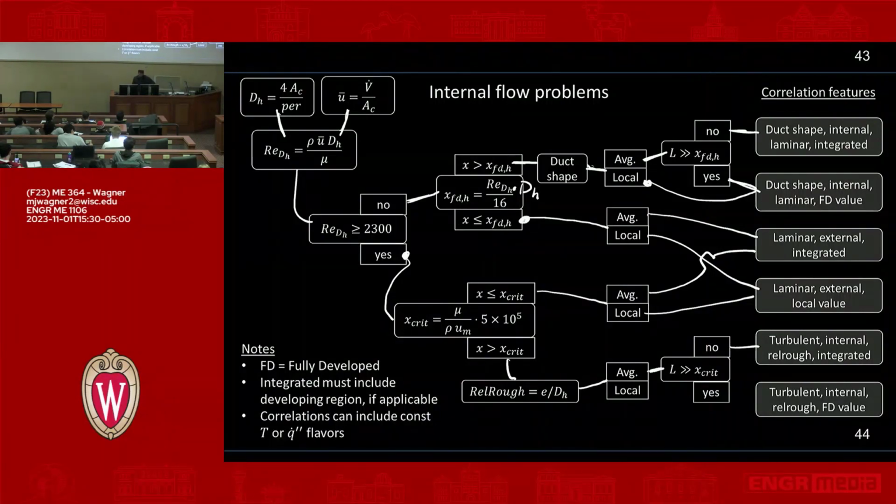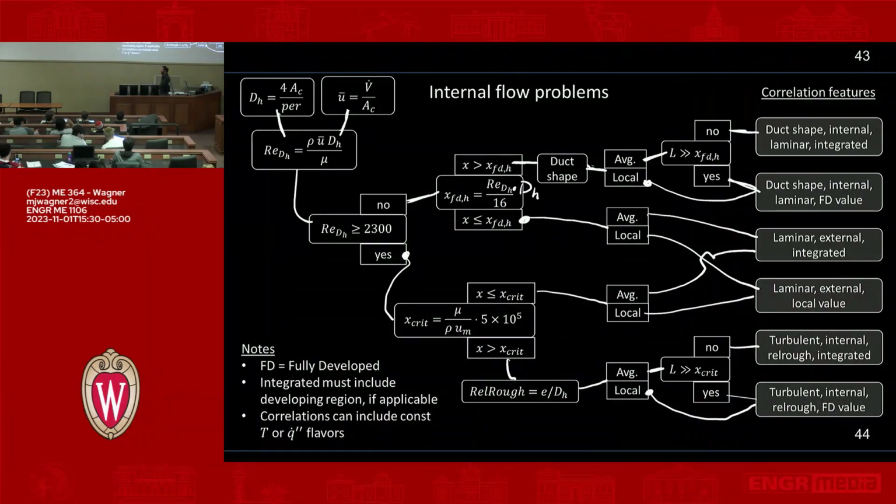If it is much greater, fully developed value, right? So fully developed value, remember that's just the local value, but at the fully developed region. Okay, then the last thing is relative roughness, so local. So looking at this one, this actually ends up being here as well. Okay.